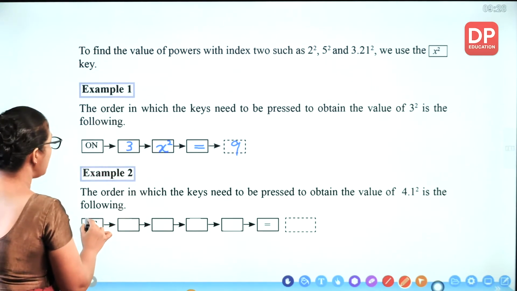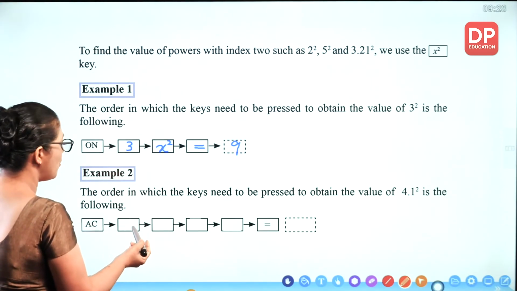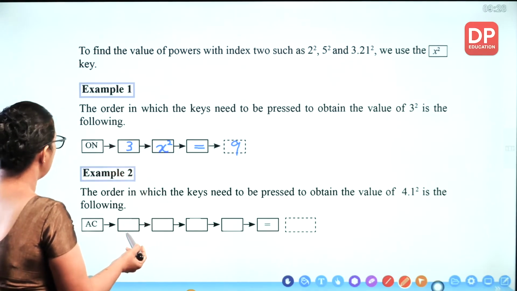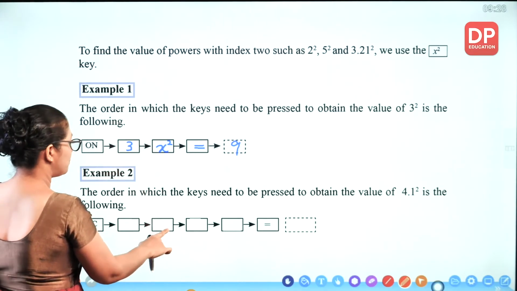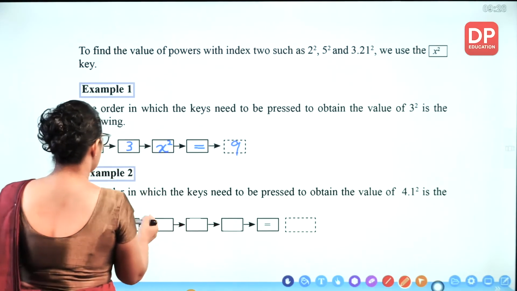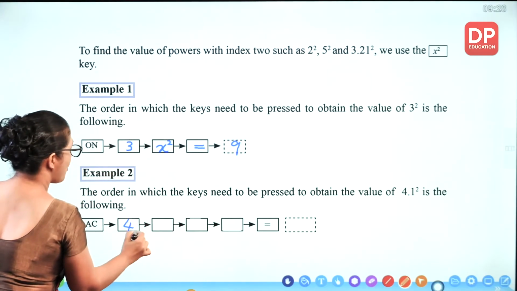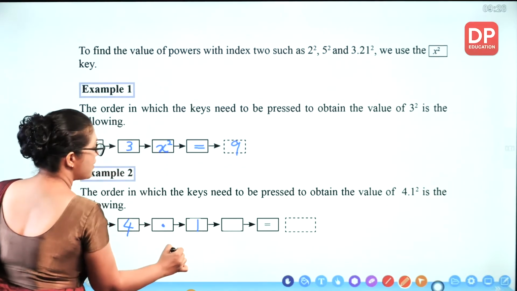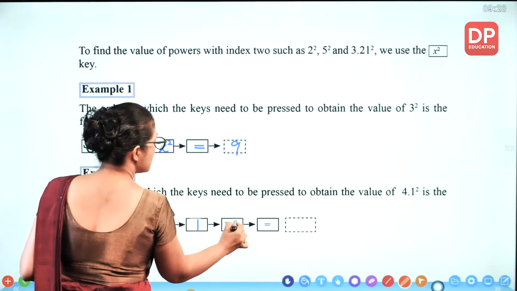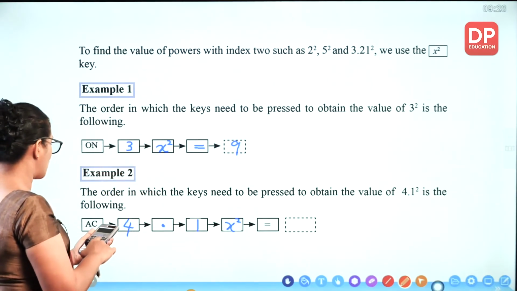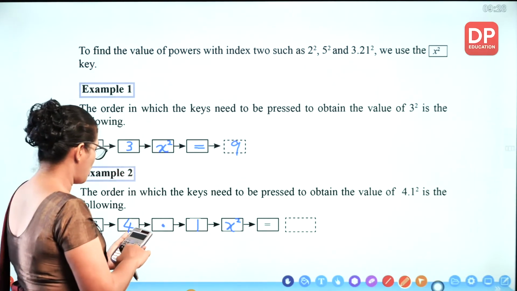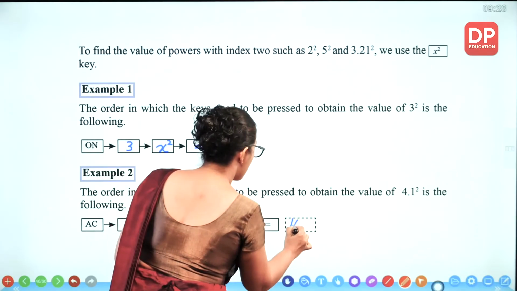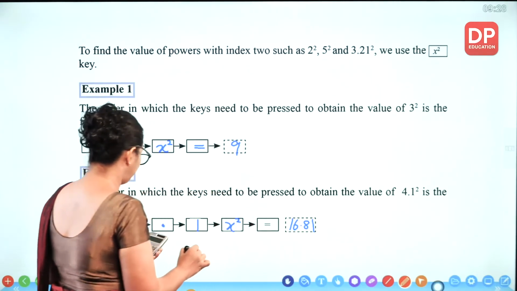So AC or switch on, both are okay. 4.1 squared is equal to 16.81.